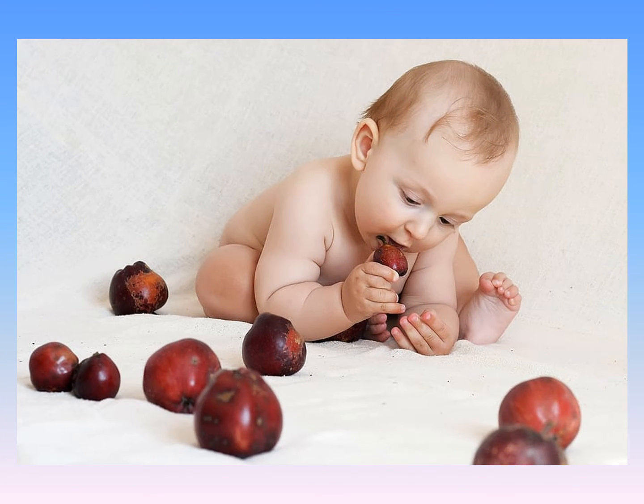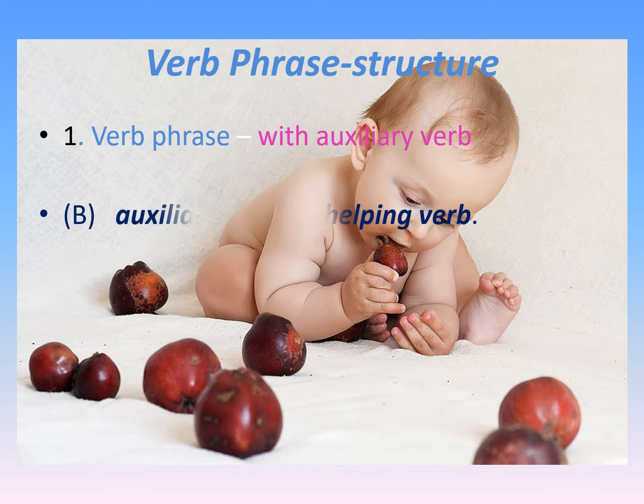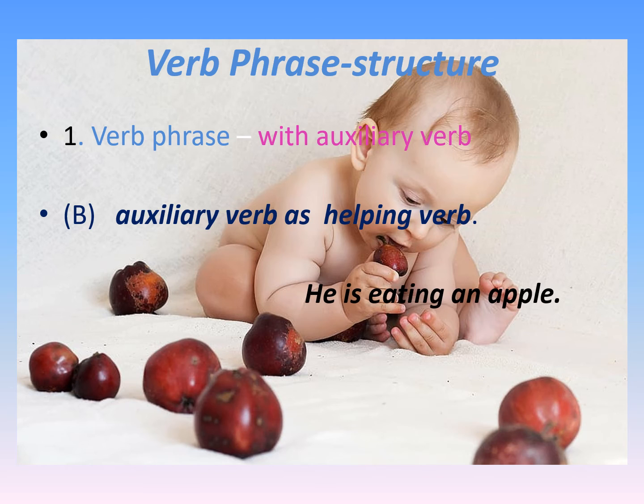Let us see the verb phrase structure with an auxiliary verb, type B. Auxiliary verb as helping verb. That means the auxiliary verb is used as helping verb in the sentence. Example, he is eating an apple.